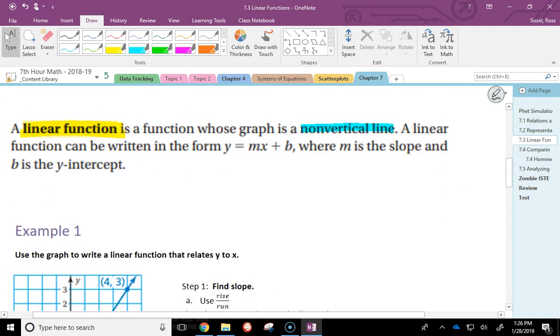So a linear function cannot be a vertical line, because it would not pass the vertical line test, and that would mean my x would have multiple outputs. A linear function can be written in the form y equals mx plus b. M is the slope, b is our y-intercept.